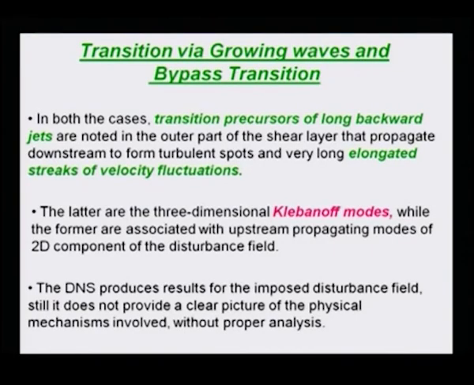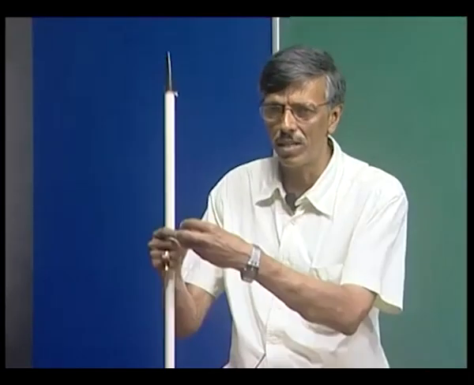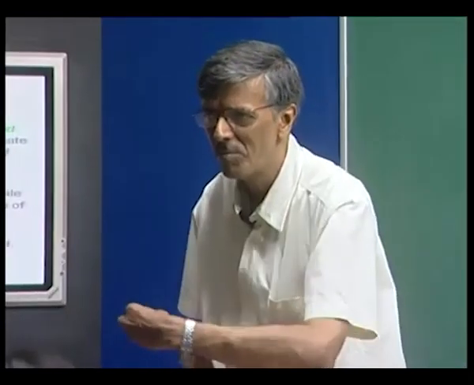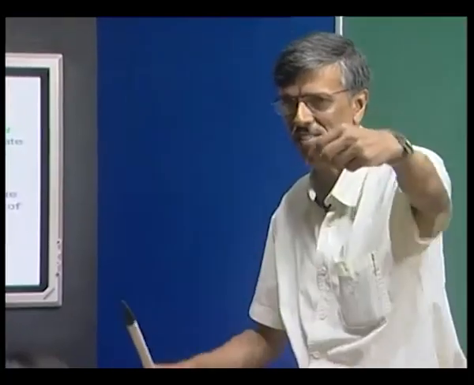Now, what happened was those two papers, written by Wu et al. and Jacobs and Durbin, looked at some structures in a direct simulation result. What they noted, written here in green, is that before transition you could see some kind of structures which were propagating upstream, and they look like a jet.